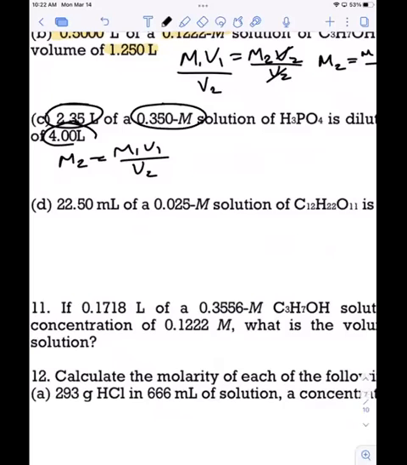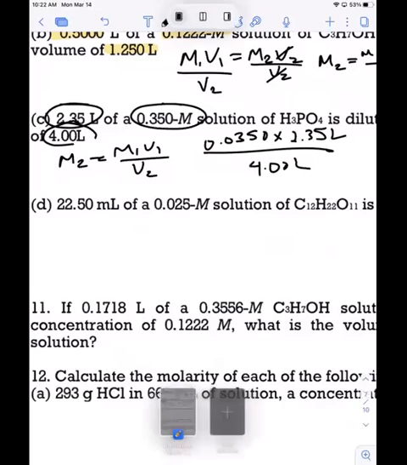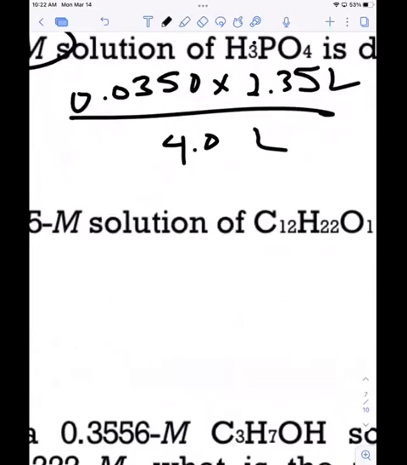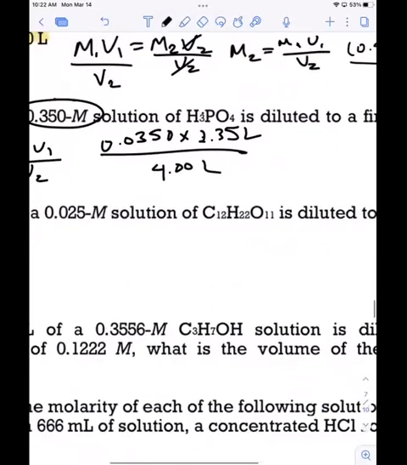All right, so we're going to put those numbers in. You said times 2.35, good. And this is in liters, divided by 4.00 liters. Is that right? Yes. All right. What do you have after you calculate that? I'll put it in real quick. Okay, take your time.